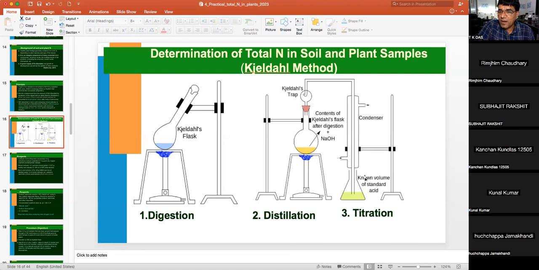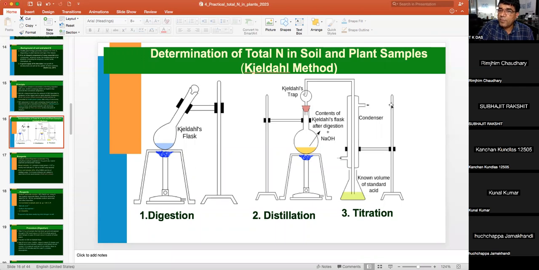Once the distillation is complete, the ammonia will react with boric acid to form some compound. Then you can take it out. You have one burette with 0.1 normal sulfuric acid, and you go for titration.